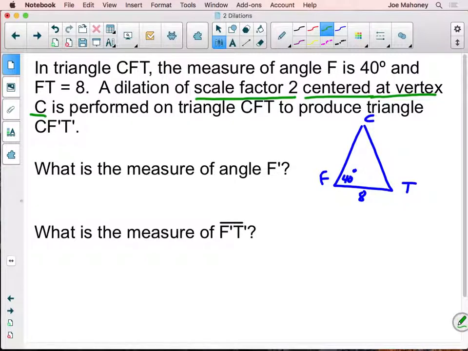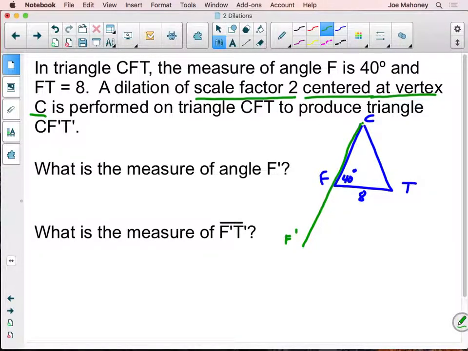So what's happening is I need to multiply the side lengths by a scale factor of 2. So I'm basically taking the distance from C to F that I'm drawing here in green, and I'm going to basically double that distance. That looks about right. So here's where a point F prime is.